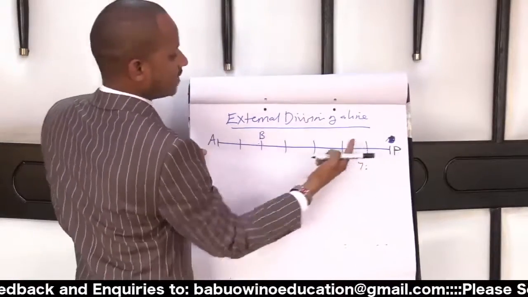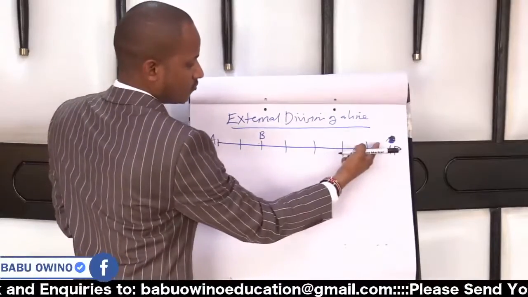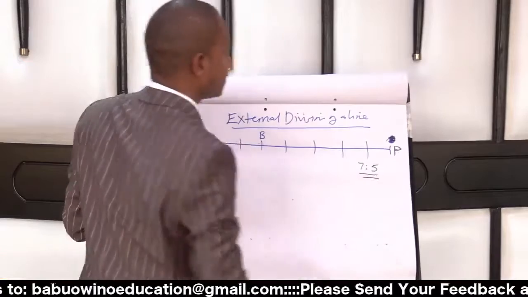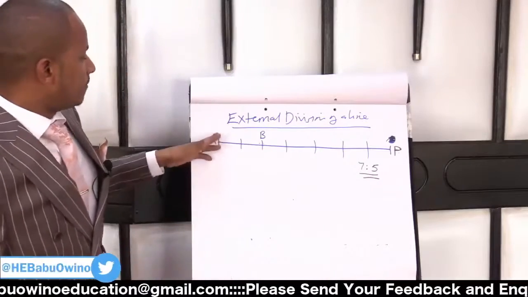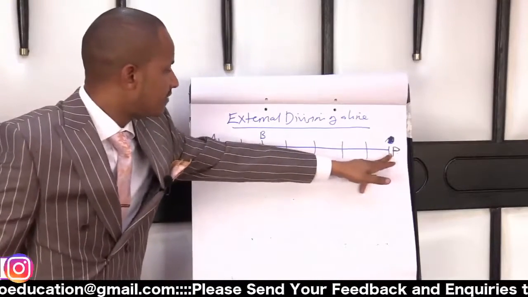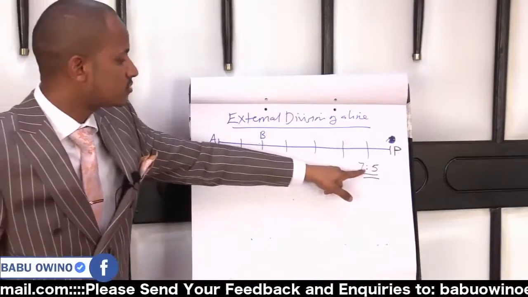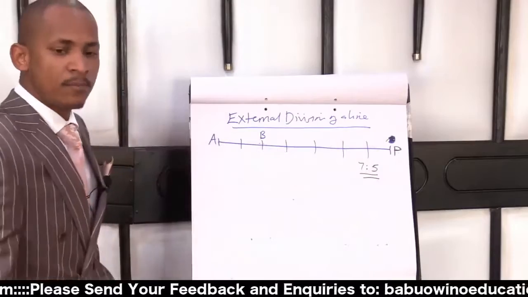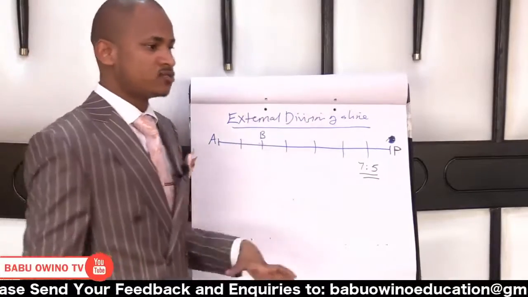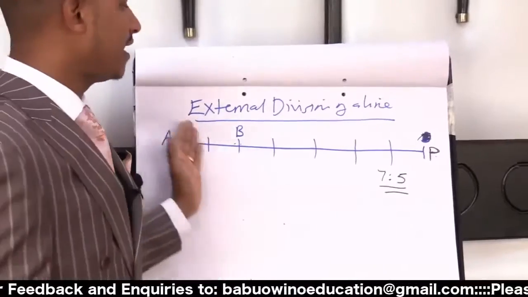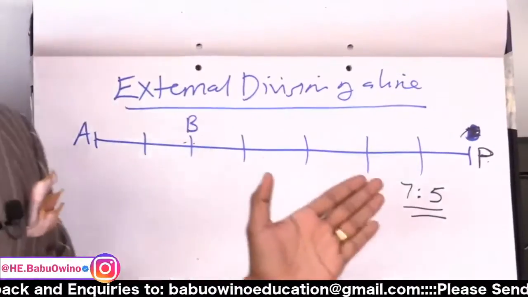Ratio. Now remember 1, 2, 3, 4, 5. I want you to pay attention here. P divides line AB externally in the ratio 7:5. But if you don't use the word externally, the exam can tell you that P divides line AB in the ratio this is to this.